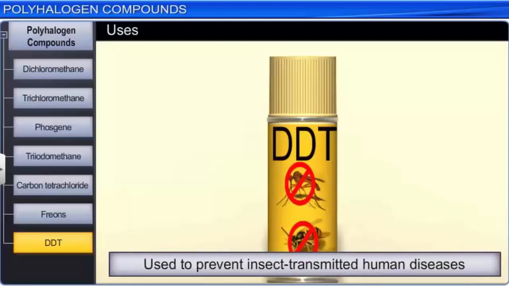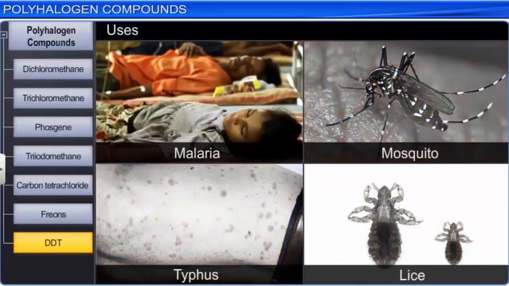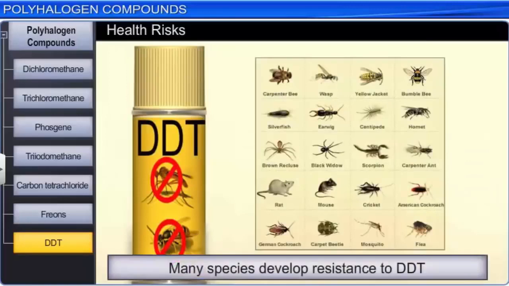DDT has been used to prevent insect-transmitted human diseases, such as malaria, spread by mosquitoes, and typhus, spread by lice. However, many insect species develop resistance to DDT, limiting its effectiveness.